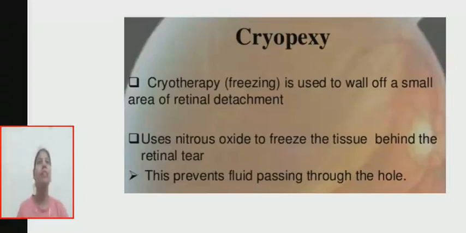Cryopexy (freezing) is used to wall off a small area of retinal detachment. It uses nitrous oxide to freeze the tissue behind the retinal tear. This prevents fluid passing through the hole.